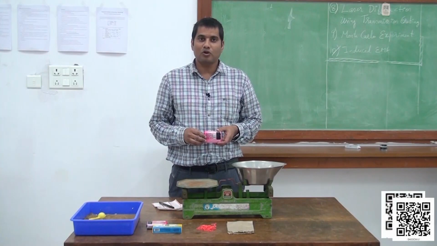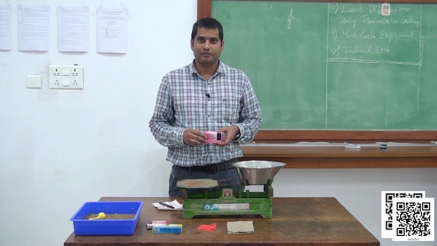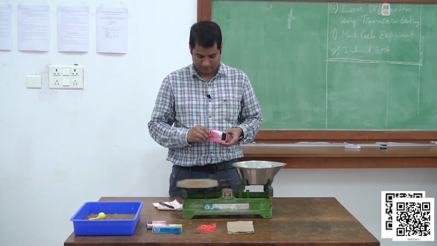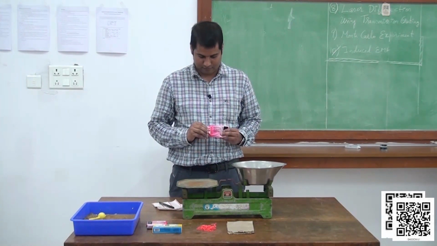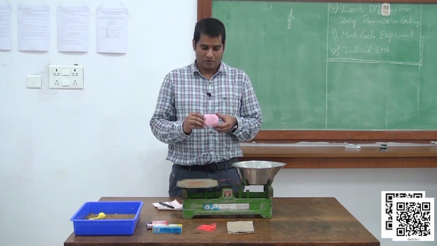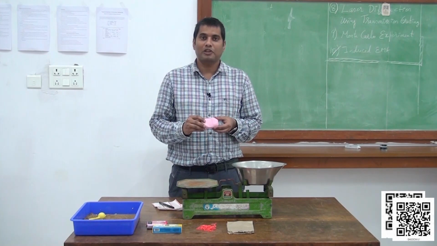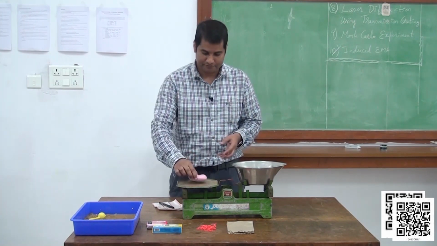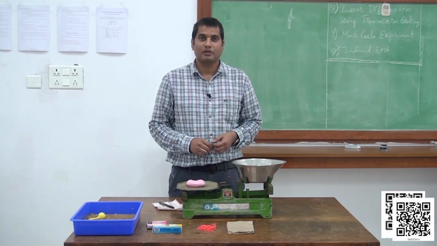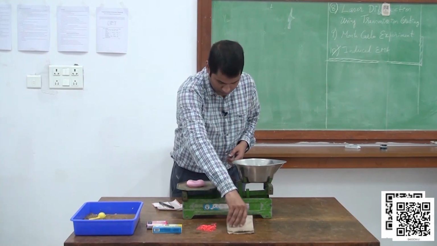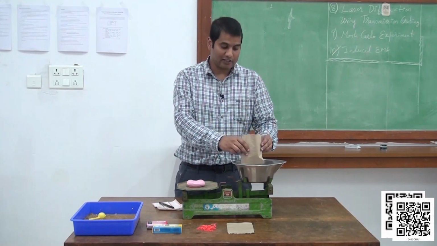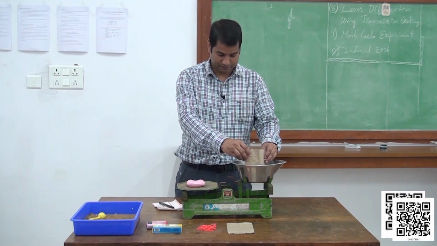Take out the soap from the cake. Keep the soap in one pan of the balance. Now take one small paper packet and put it in the other pan of the balance.